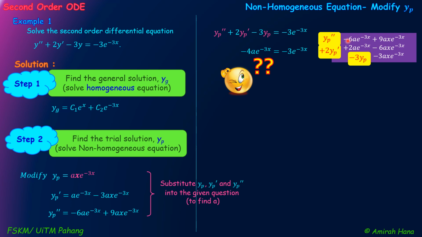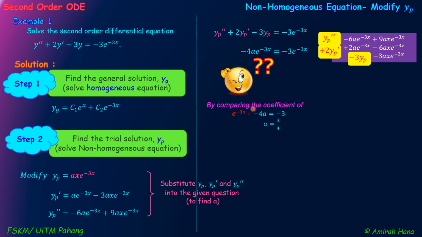And then we have the same term containing a e to the power of negative 3x. So negative 6 plus 2 equals negative 4, and then we have a e to the power of negative 3x. So after we simplify this, we got this. You can refer here.